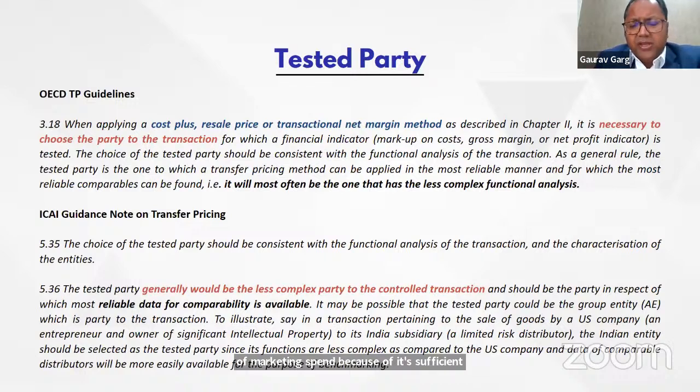They organized various road shows and maybe participated in some exhibitions. But during December, sales may not take place. It's only the showcasing of the product, but the sales may take place in January, February, March, or maybe later.